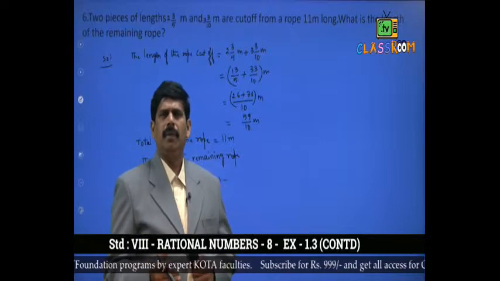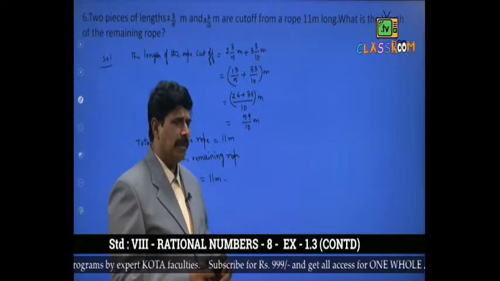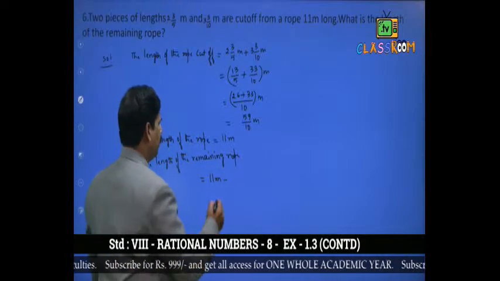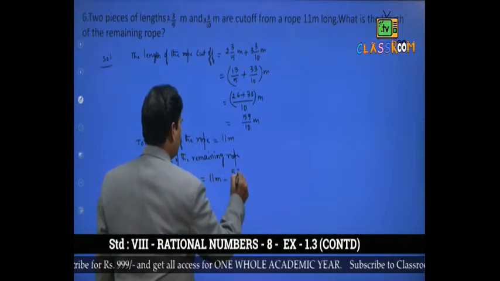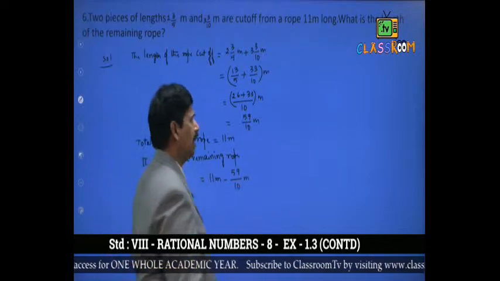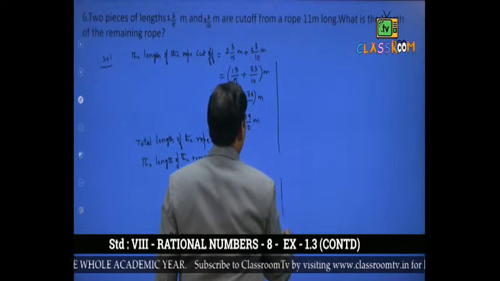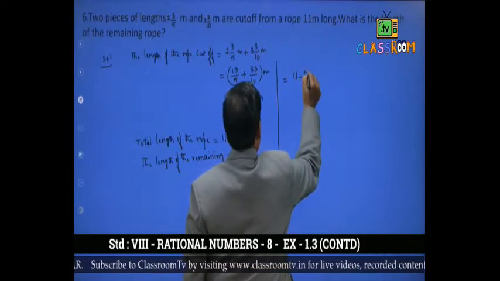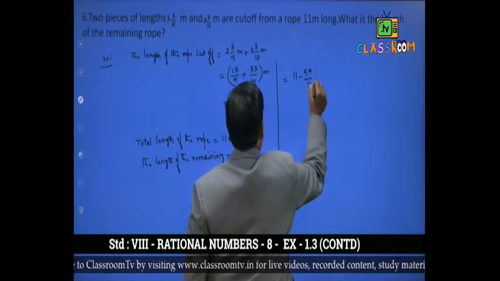That and 59 by 10 meters already taken out. So you subtract them. 11 meters minus 59 by 10 meters. Now what is the LCM here? So this is nothing but 11 minus 59 by 10 meters.